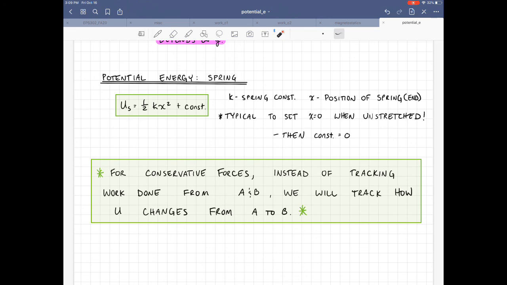Well, that is still the case, but what we're going to do moving forward is that if our force is conservative, so basically gravity or spring force, we are going to track how the potential energy changes as opposed to the work that's being done. Right? And so it's the exact same approach, it's just now we're going to be keeping track of potential energy rather than the work done by the force of gravity or the work done by the spring.